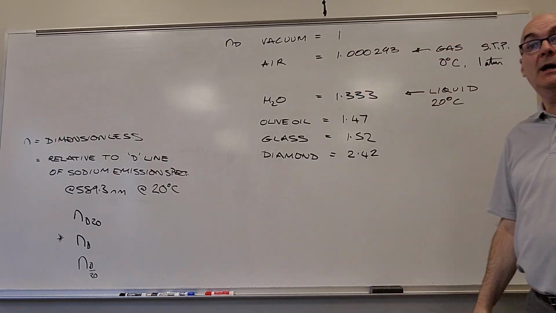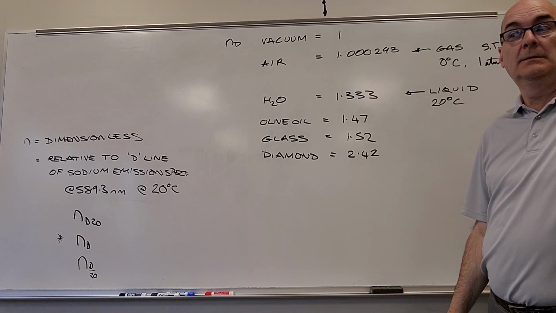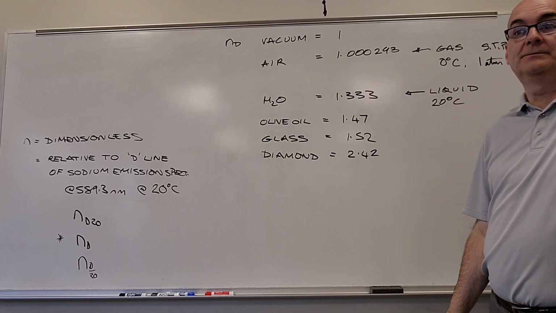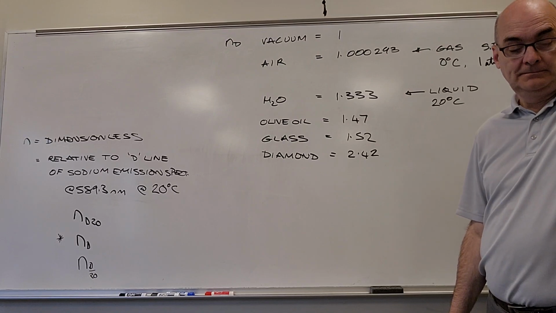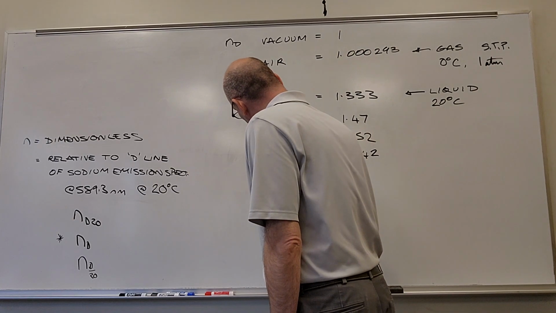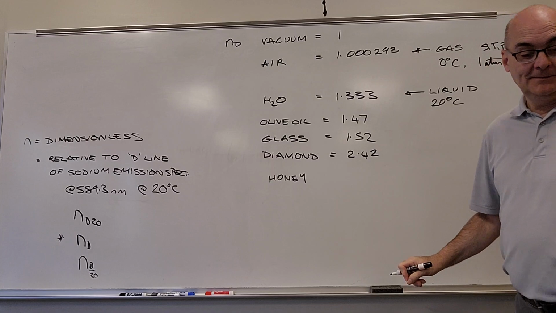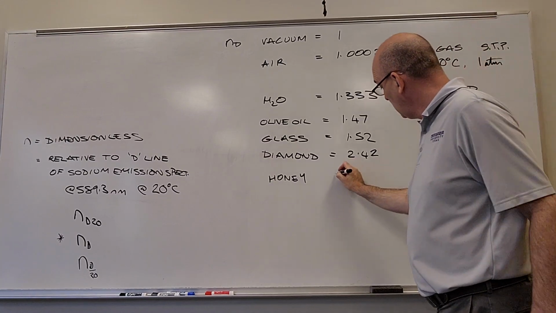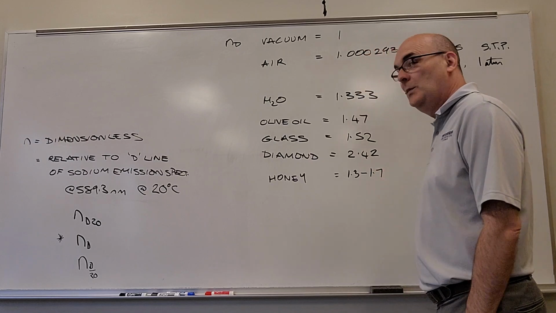And then diamond, very high refractive index. Bends light, traps the light inside the crystal, bounces around, and makes it look pretty. And then, of course, there's honey. And honey has a refractive index between 1.3 and 1.7.